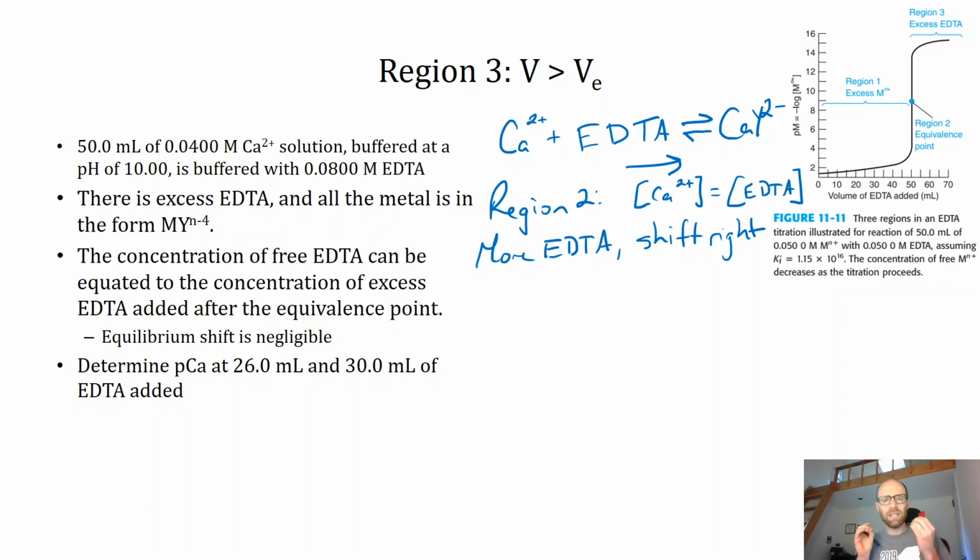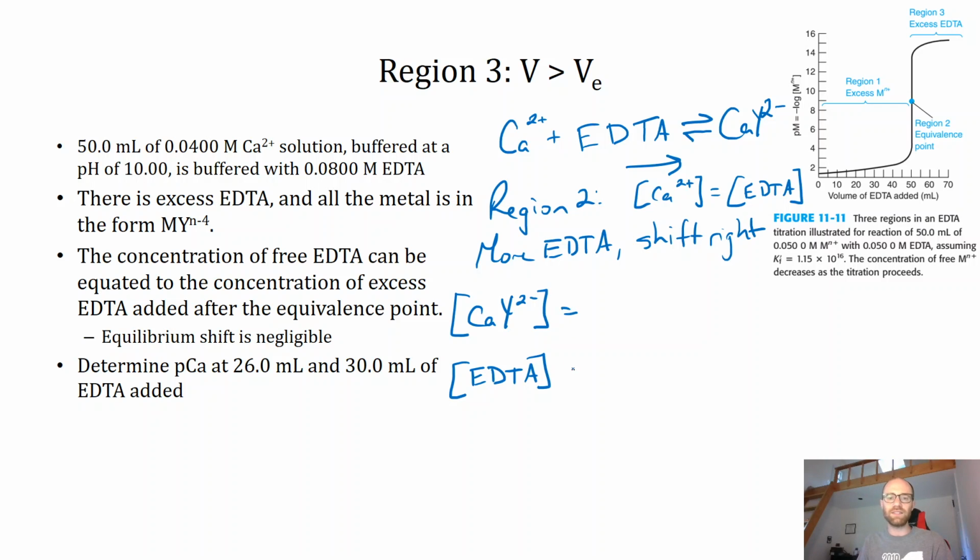Because the value of the equilibrium constant is so large, we can again say that any leftward shift is going to be so negligible compared to the amount of EDTA, and we can check that when we're done. But what we have to do now is, at this new amount, we need a concentration of the bound metal, and we need a concentration of the EDTA.